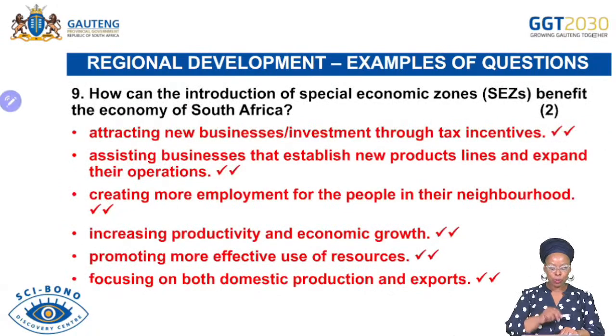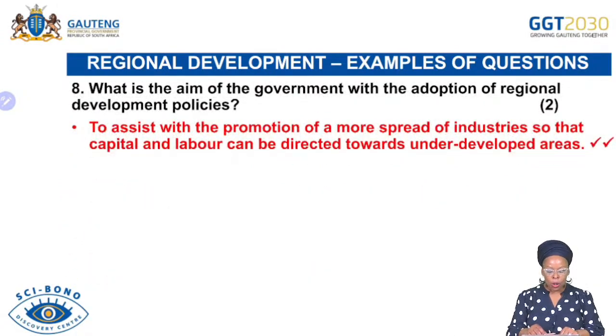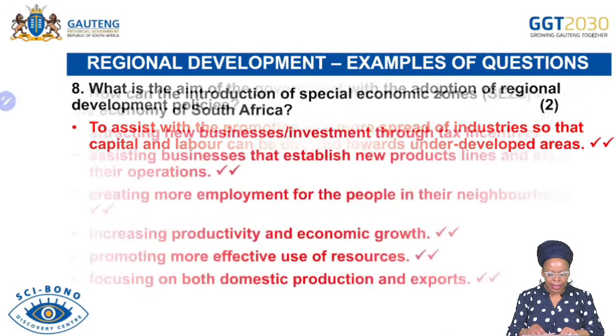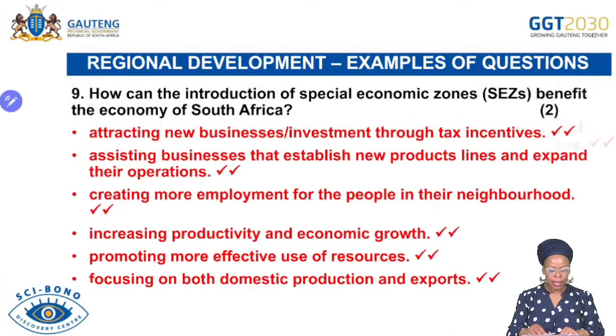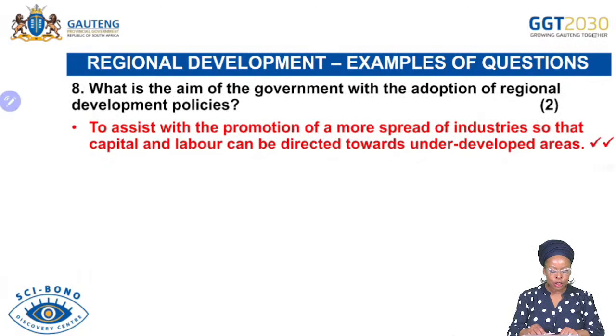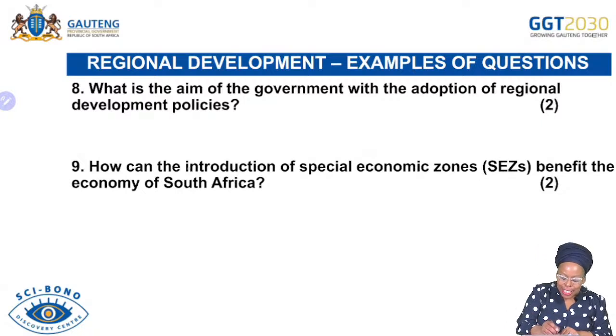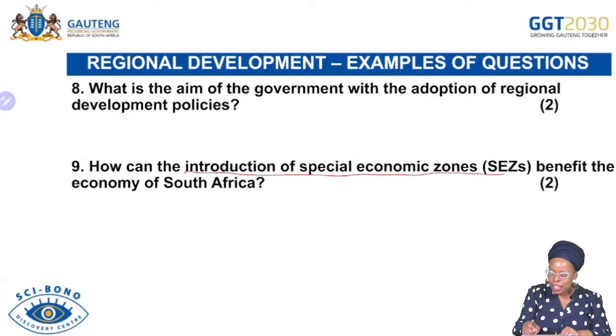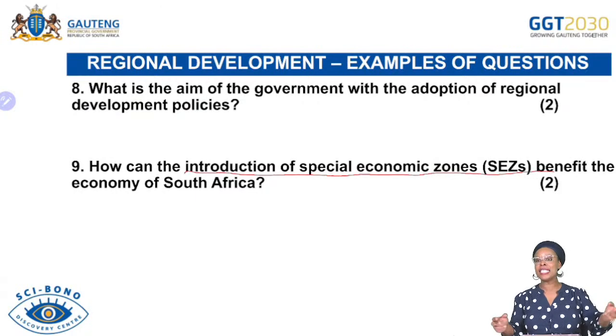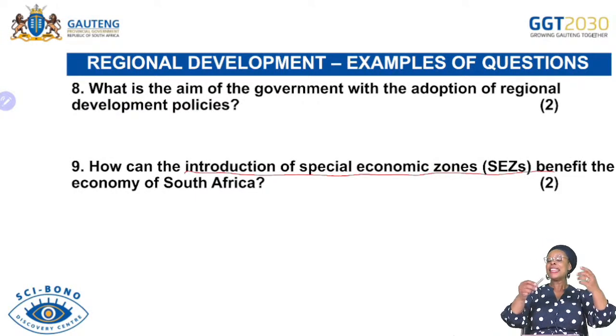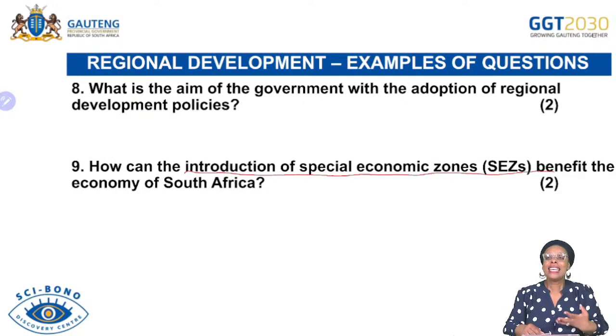But let's go back. We have another question. I want us to look at another short question that I've skipped. How can the introduction of special economic zones benefit the economy of South Africa? This simply means: explain to us the advantages of SEZ, the benefit of SEZ to the economy.